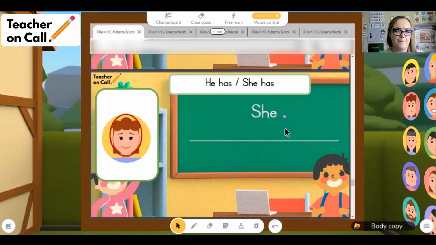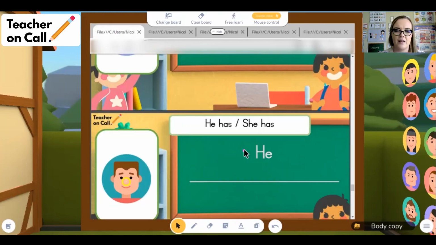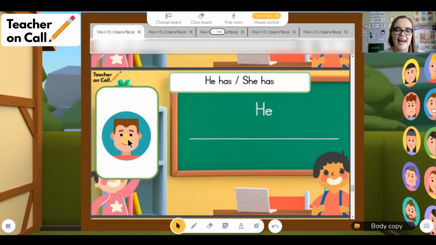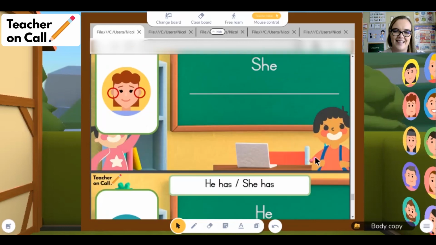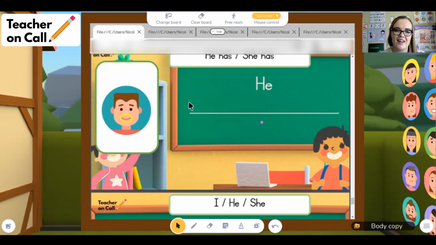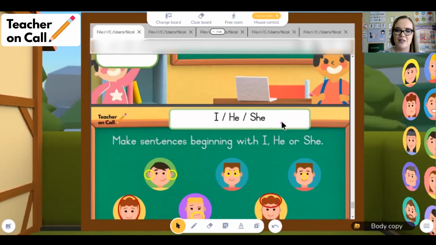She, what is the rest of the sentence? What does he have? He, What does she have? She, What does he have? He, Remember, you can pause, write the answers, and press play when you're done.